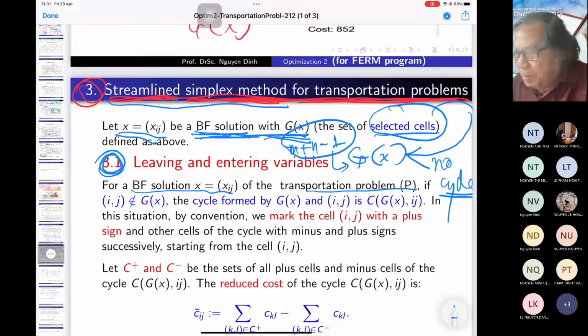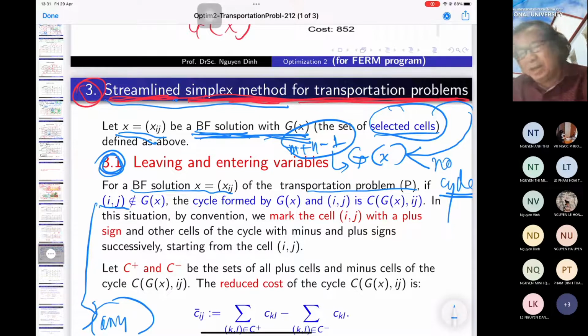Now if you take an arbitrary cell ij that does not belong to Gx, then by the theorem I just reminded you, if you have a set of m plus n minus 1 cells containing no cycle, and you take a cell which does not belong to that set, then that set and this cell create a unique cycle, C of Gx and ij.